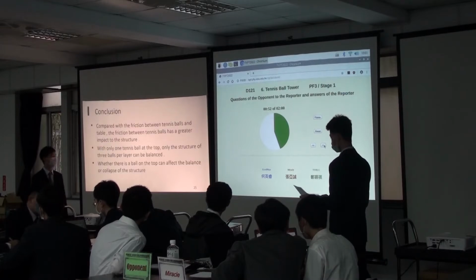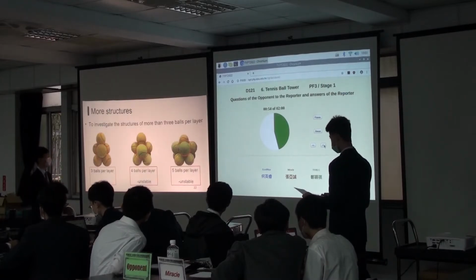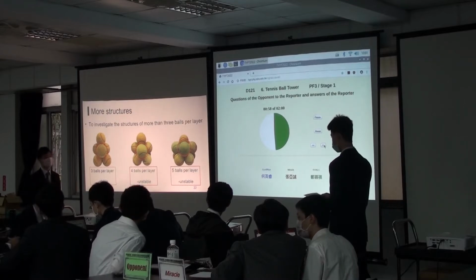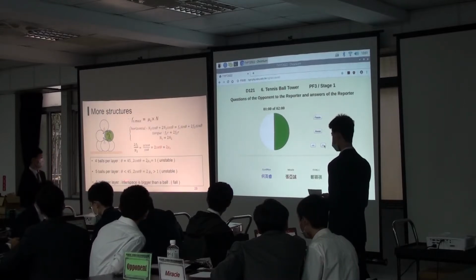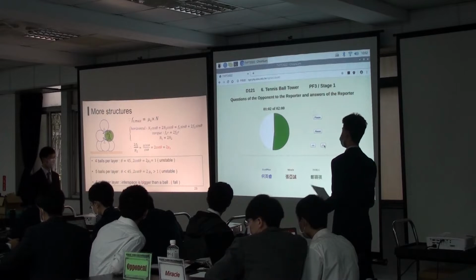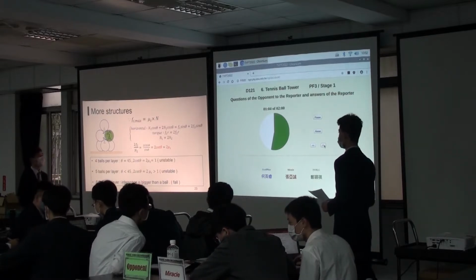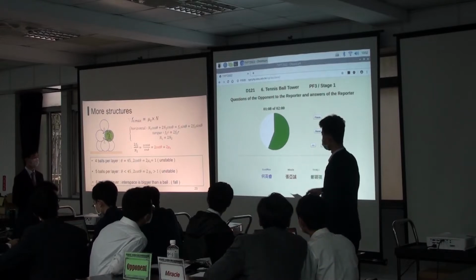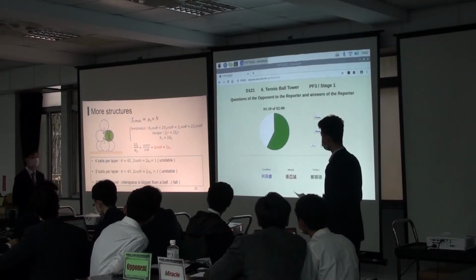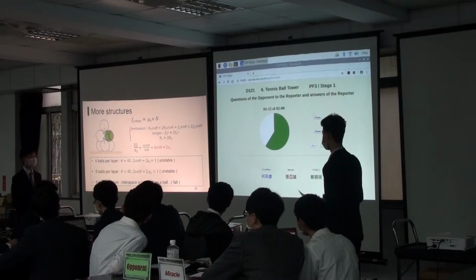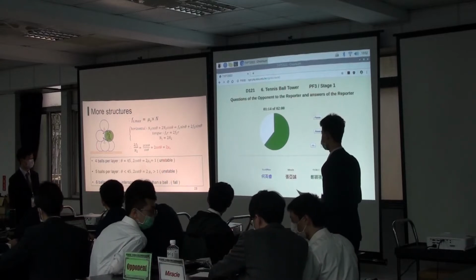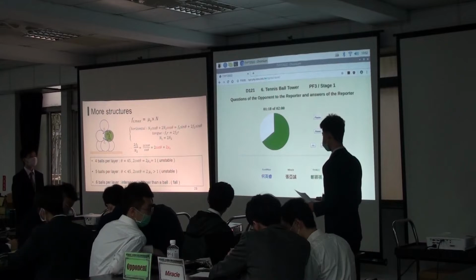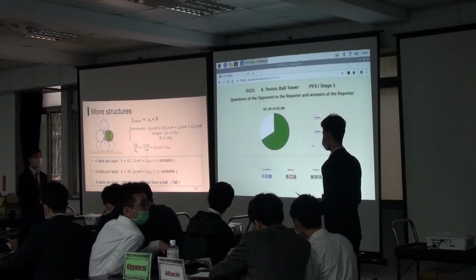So we know that after calculations, 4 balls per layer and 5 balls per layer are unstable because the theta and the friction coefficient do not support the normal force. So now your definition for stability is the amount of the friction coefficient. No, it means that after calculating, we can know that it is impossible to support, so it will collapse.